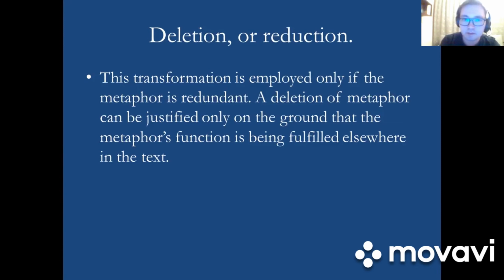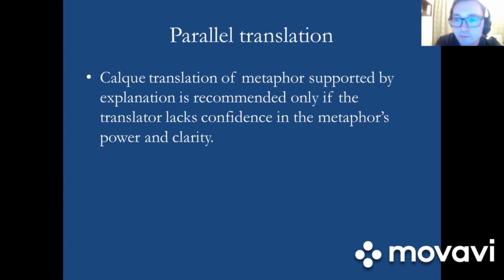Next way to translate metaphors is through parallel translation. So what is parallel translation? It represents a calque translation with explanation of its meaning. Calque translation is literal translation of a phrase, and then you explain it. The explanation can be given inside the text, or it can be given outside, for example, in footnotes.